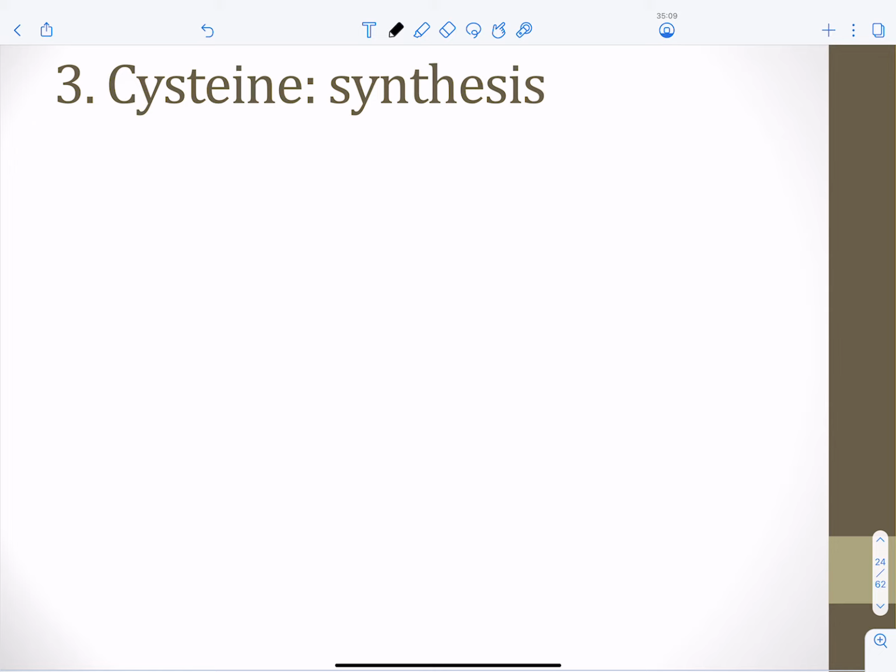And so we have our homocysteine, which is a 4-carbon, and serine, which is our 3-carbon, and our homocysteine combined with our serine.